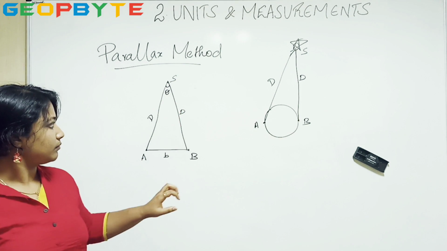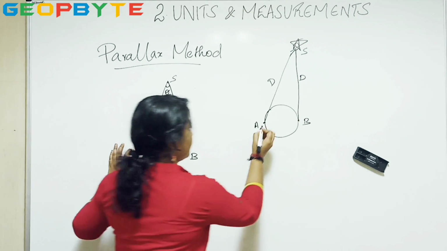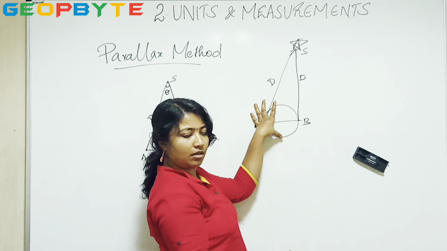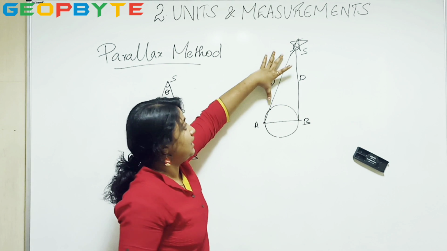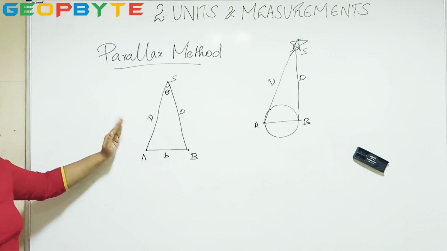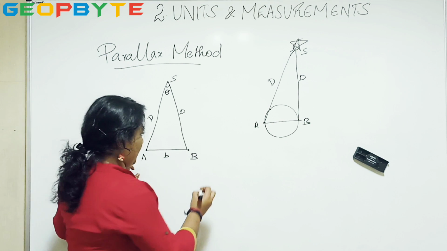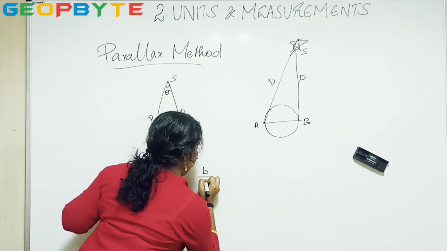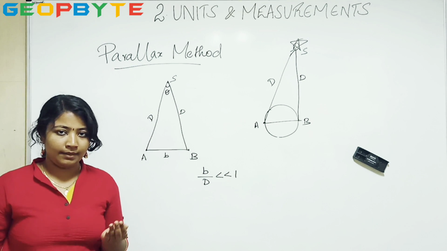Now you will be getting an idea. This is our points A and B, this is our planet Earth, this is the star. We want to measure this distance. So coming back to this figure, b by D will be very much less than 1. Why?